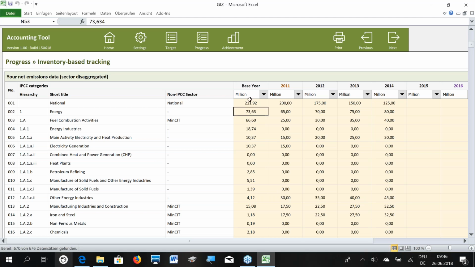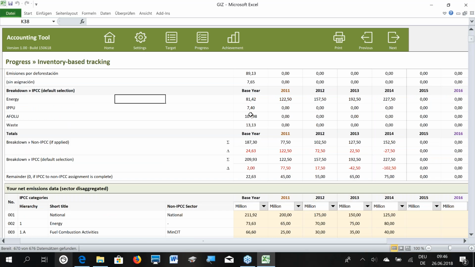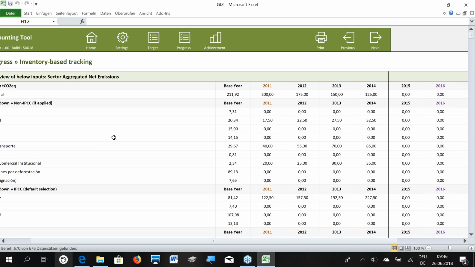And depending on the degree of detail you wish to have, you would put either annual data or, for example, data for every 5 years, or the level you consider adequate, appropriate. And so this is for the inventory-based tracking.